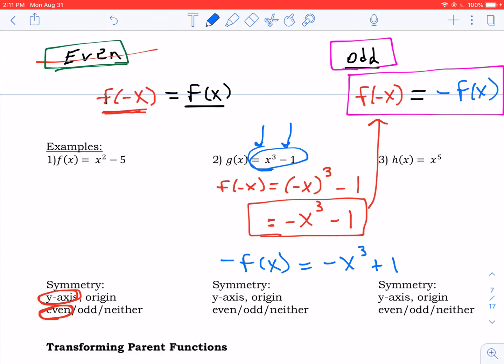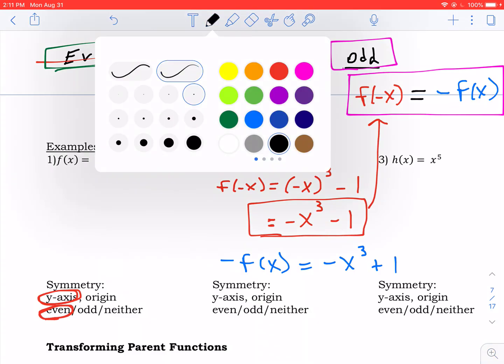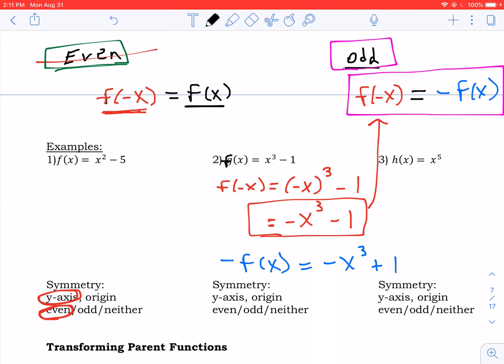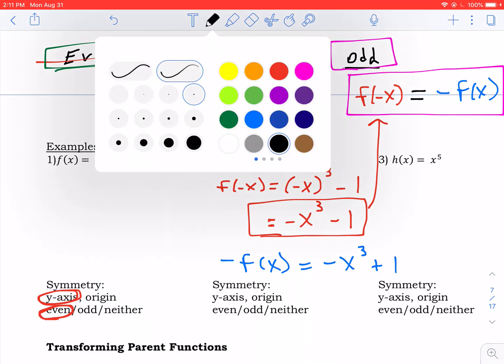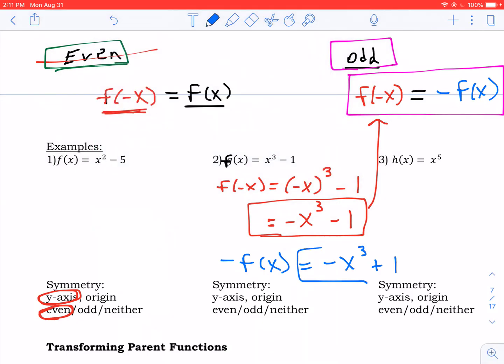Do we see how we changed the sign or made f of x negative by multiplying everything by negative 1? We changed the sign of everything to get negative f of x. Okay. So in blue here, negative f of x is this.